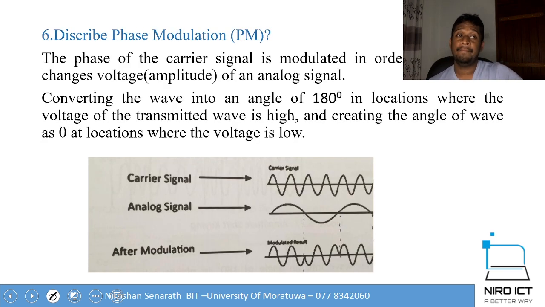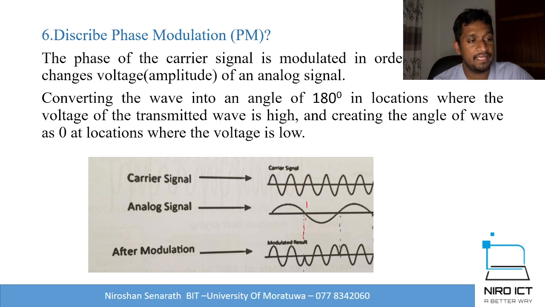Let's move to phase modulation, or PM, which belongs to analog data modulation. Here we have three signals like in the previous part. Here, the phase of the carrier signal is modulated in order to reflect the change in voltage of the analog signal, converting the wave by an angle of 180 degrees in locations where the voltage of the transmitter wave is high.